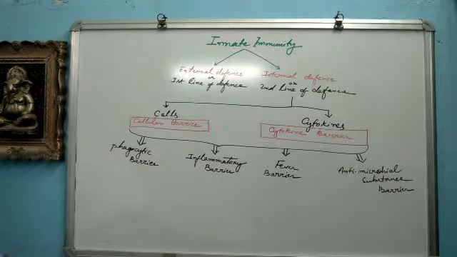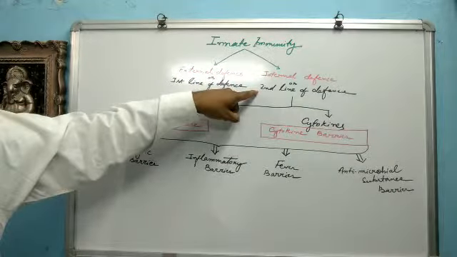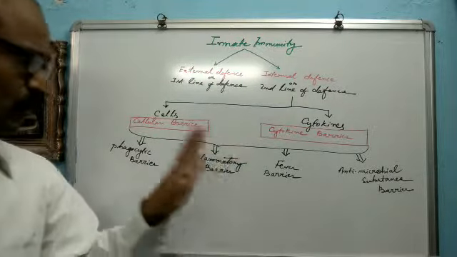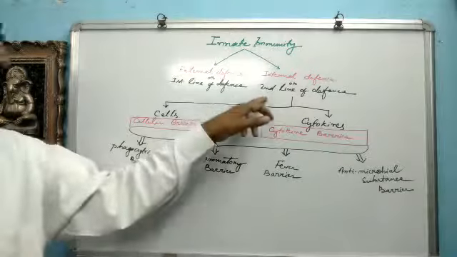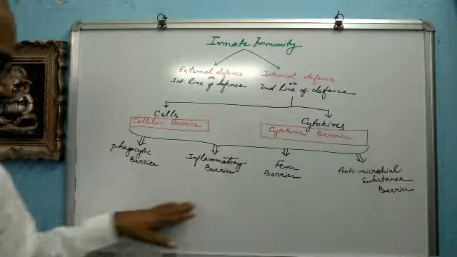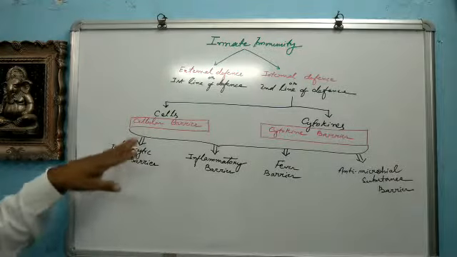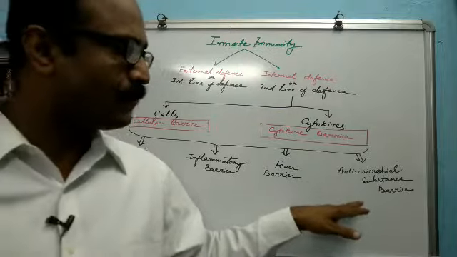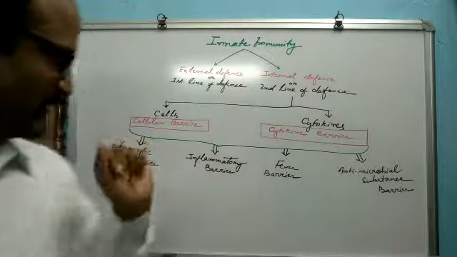So the second line of defense has different barriers or gates: the phagocytic barrier, the inflammatory barrier, the fever barrier, and the antimicrobial substance barrier.